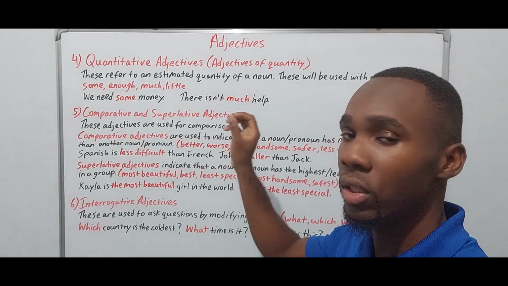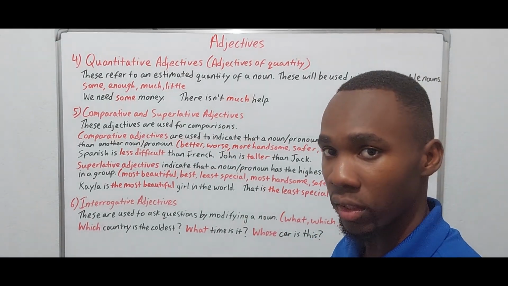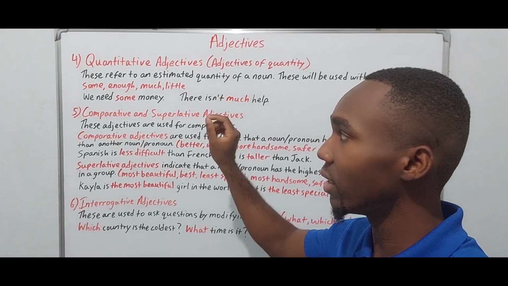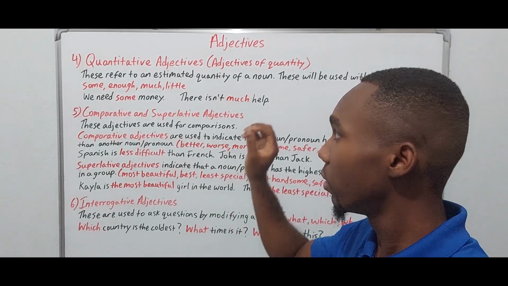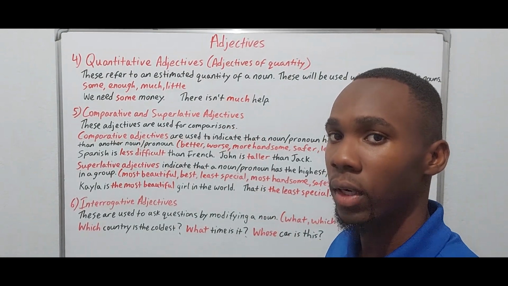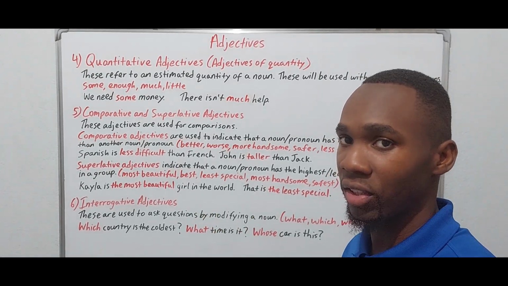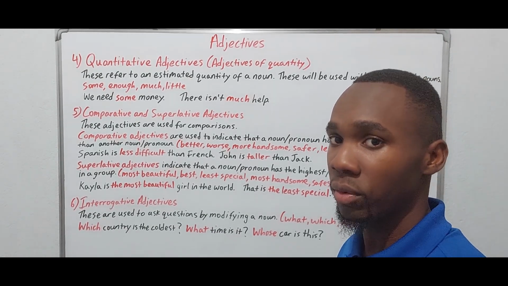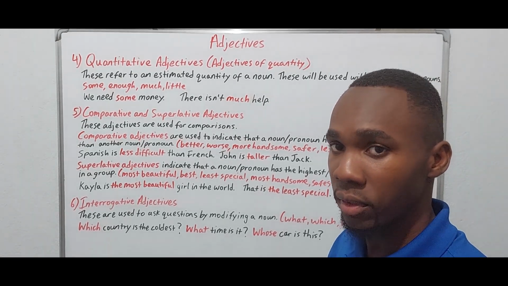But here we can only use adjectives that can be used with uncountable nouns. That's what I meant to say. Because quantitative adjectives deal with uncountable nouns. So that's the difference between numeral and quantitative adjectives, right? Quantitative adjectives will deal with uncountable nouns, whereas numeral adjectives will deal with countable nouns, okay?